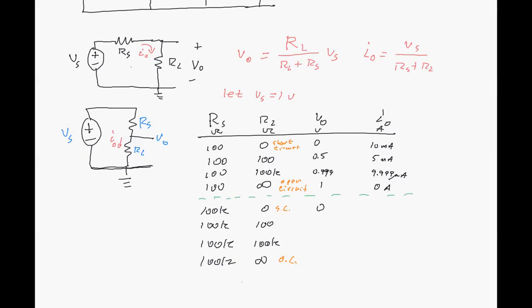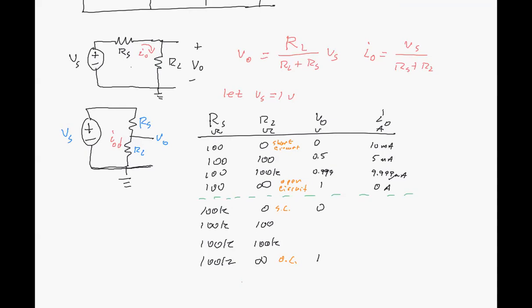And if I just jump down to the other extreme, the open circuit case, in that case, we have no resistance there in the load. We have just an open circuit. And so in that case, the output voltage equals the input voltage Vs, which is 1 volt.